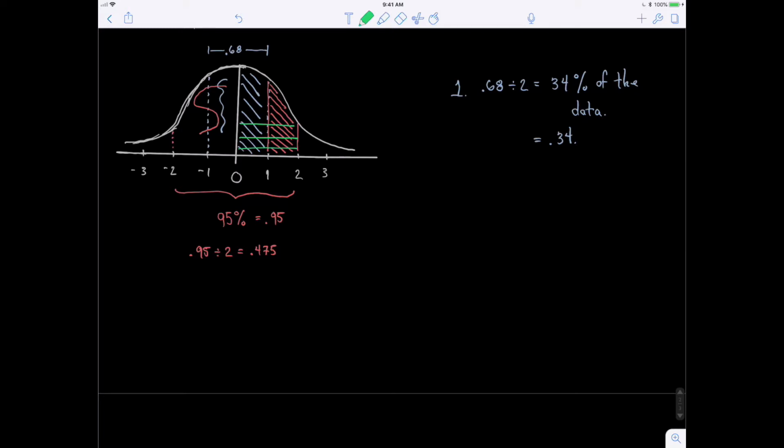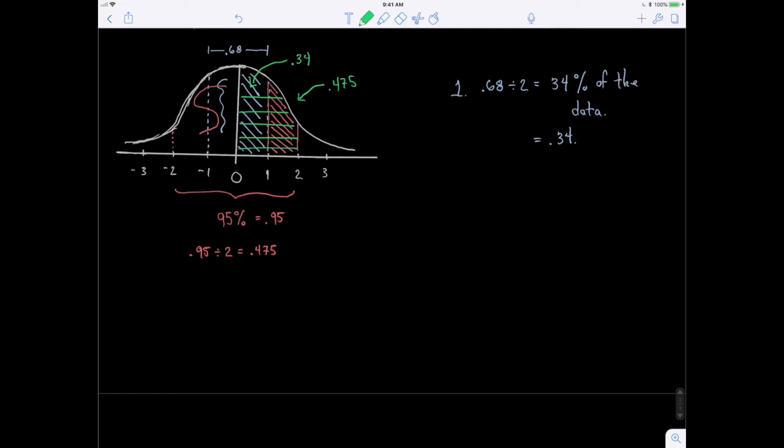And here's how we do it. Notice that the gray, we know, is 0.34. And we know that all of this is 0.475. So if we subtract what we know, 0.34, from the entire half that we're looking at, 0.475, we'll be removing the gray and we'll be left with the red.